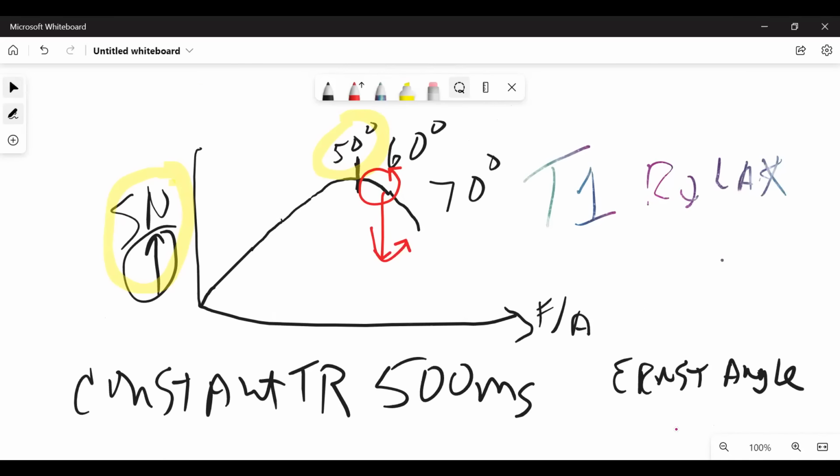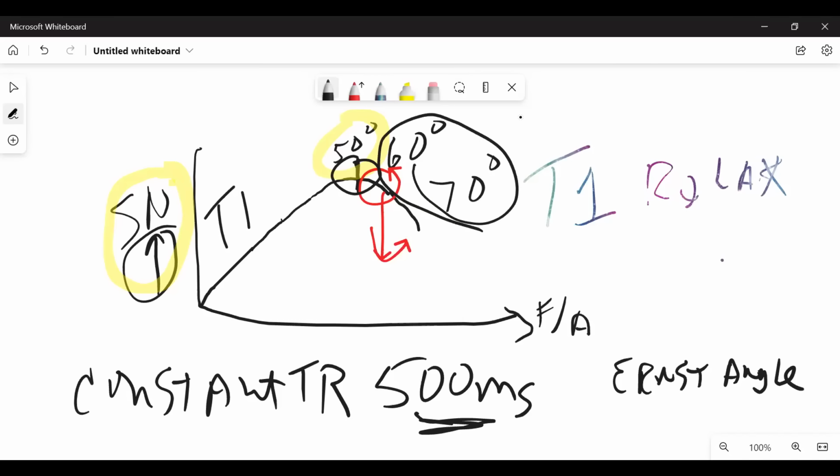It's got time to T1 relax here, but by right here, it doesn't have time to T1 relax in the 500 milliseconds. So flip angles higher than 50, for example, you're going to lose signal to noise.